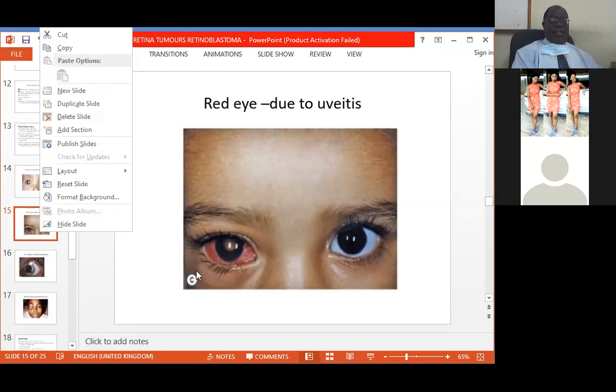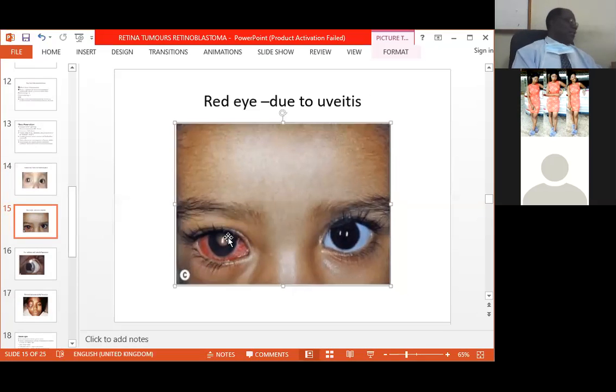You can see a red, inflamed eye, but you can also see it slightly white. If you don't have a proper history, you might think it's a traumatic cataract, because of the inflammation here, inflamed sclera, especially at the limbus, and the whitish appearance there.